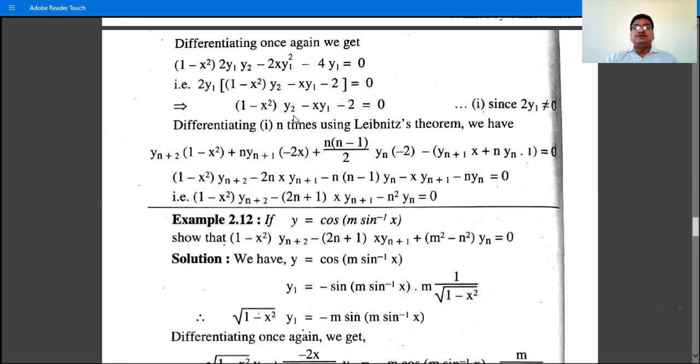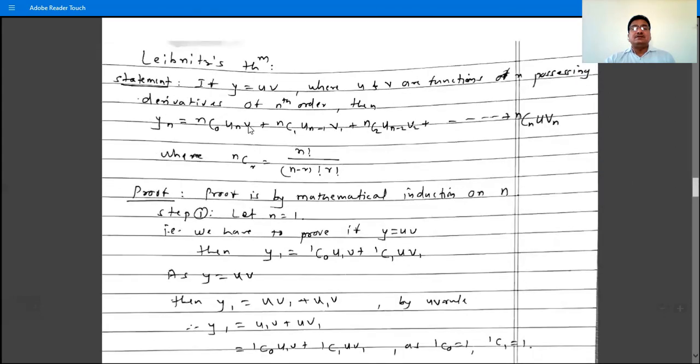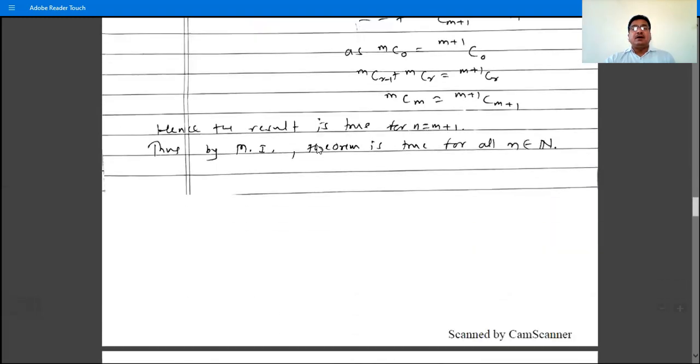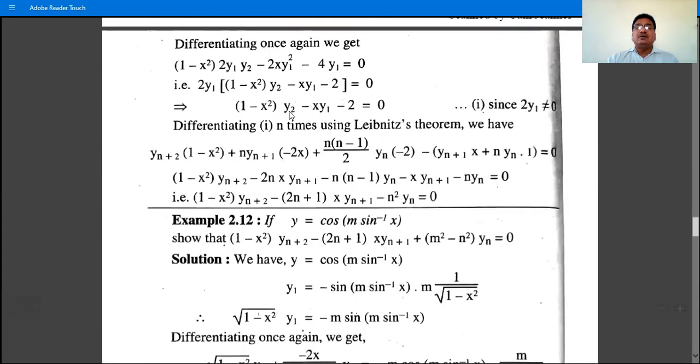So the value of nC0 is 1, and u_n is y_(n+2). Then 1 minus x square, v, as it is, plus nC1, whose value is n, and then u_(n-1) means the derivative of u of order n minus 1. So the suffix is 2 plus n minus 1, which is n plus 1.